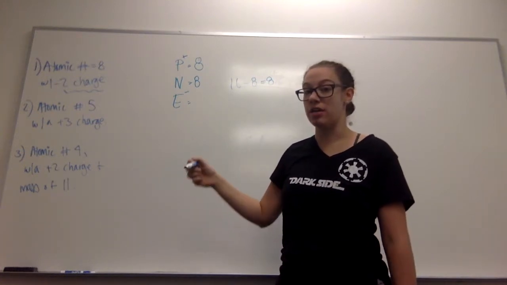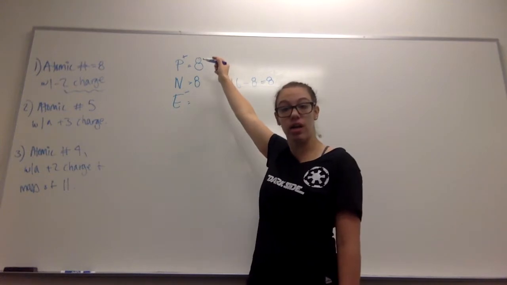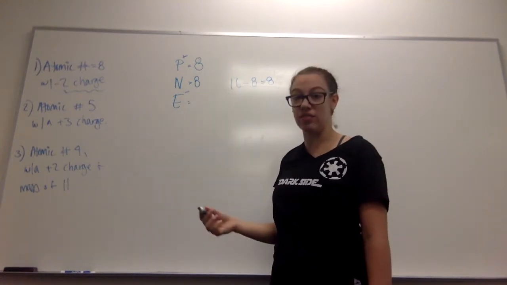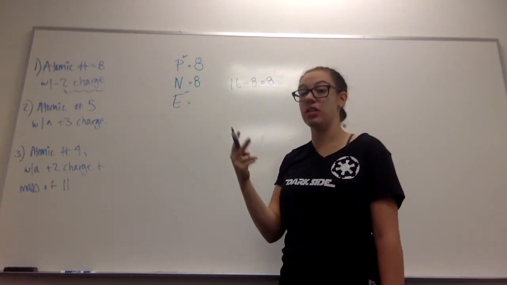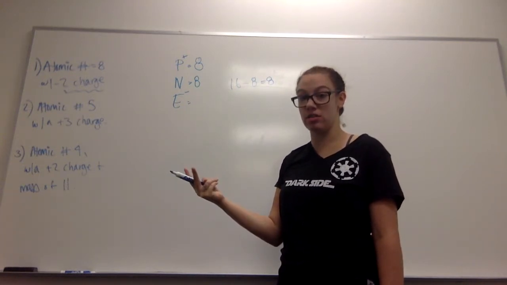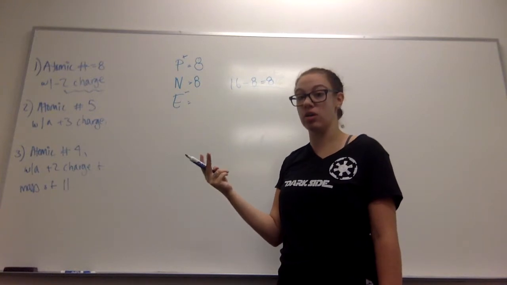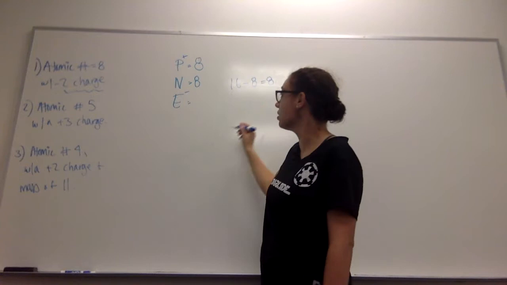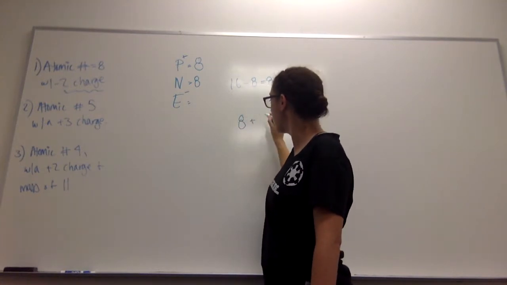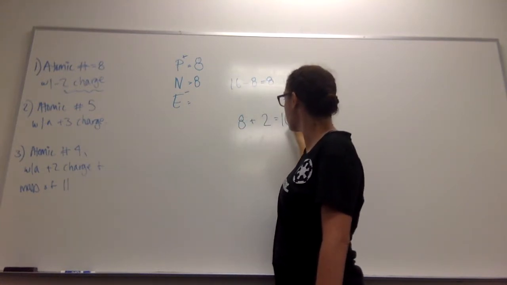So here, because we know we have 8 protons, we have to have more electrons to make them negative. We need 2 more electrons to make it a -2 charge. Right? -2 charge. So here, 8 plus 2 is going to give us 10.